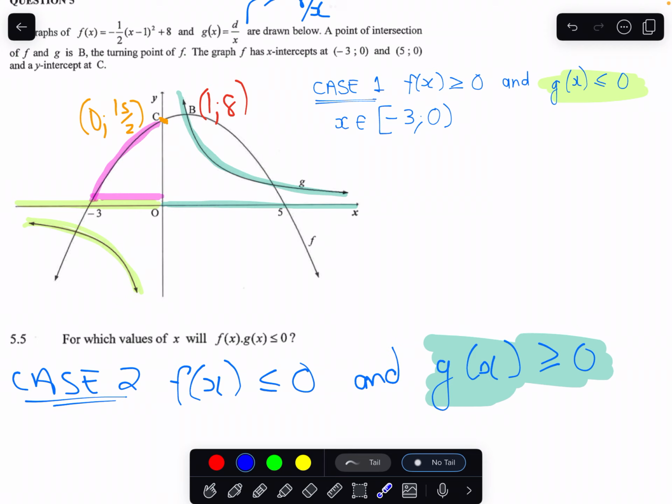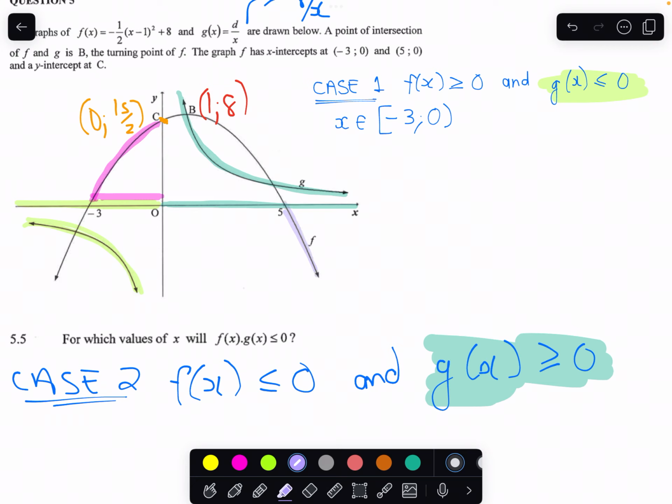So we're looking at these x values because they give us a positive value for g, but we need f to be negative. So we don't care about this piece of the function because f is positive there, but we do care about this piece. So let us highlight that real quick.